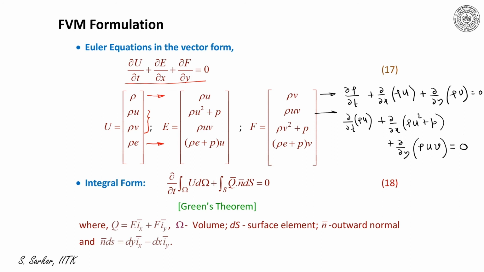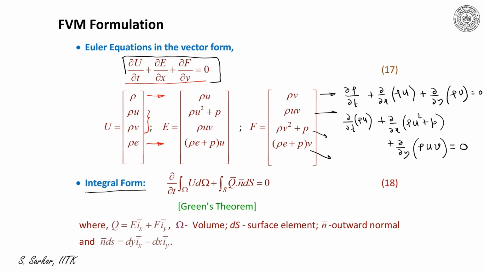So that is the x momentum equation. Thus, if we expand the other two, one will give the y momentum equation and the other the energy equation. Thereby, the vector form is a very compact form of representation. Now let's concentrate on the integral form.